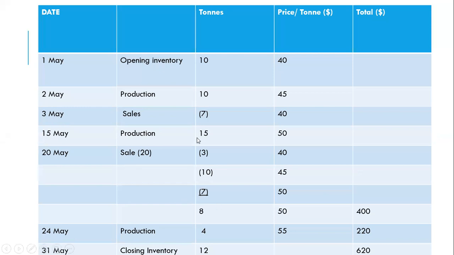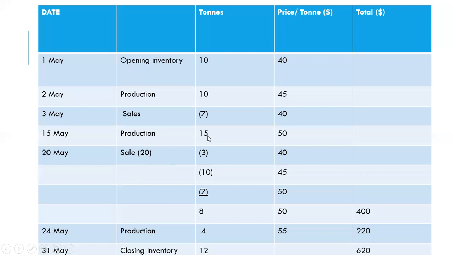Those 7 will now be picked from the third batch on 15 May. First in, first out. We have exhausted the first opening batch, we have exhausted the second batch, now we move to the third batch. So we're going to pick the 7 at $50 per ton, to close out the 20 tons.